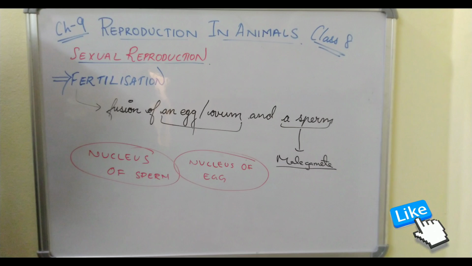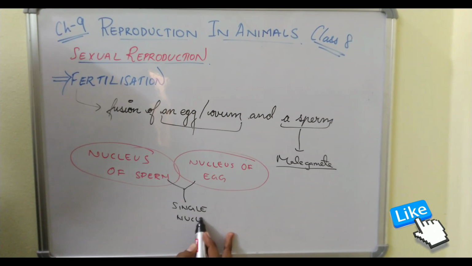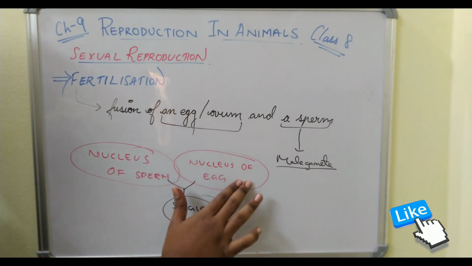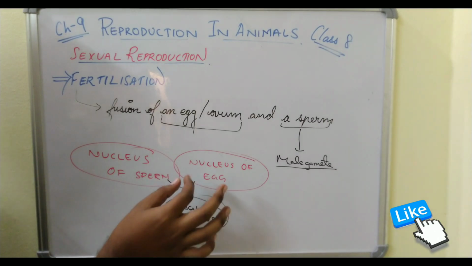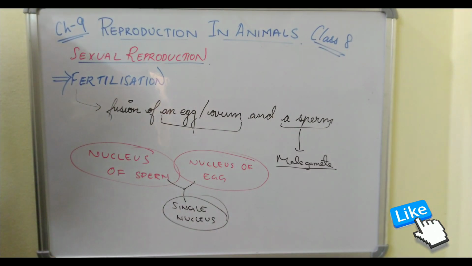Both fuse and form a single nucleus. So when fusion takes place, the nucleus of the sperm and the nucleus of the egg fuse together to form a single nucleus. Basically this results in the formation of a fertilized egg.